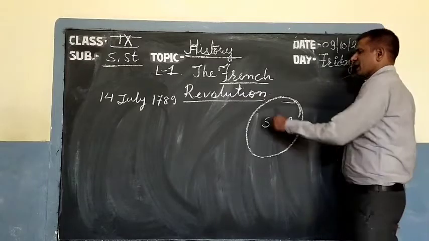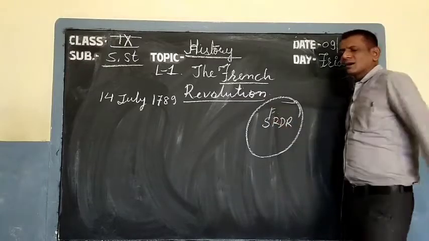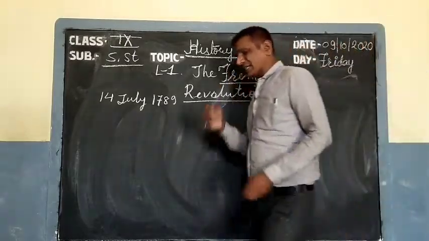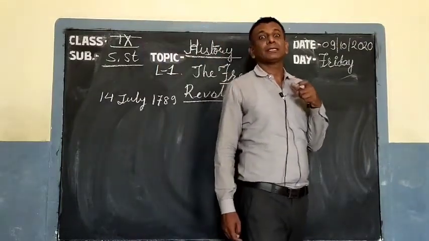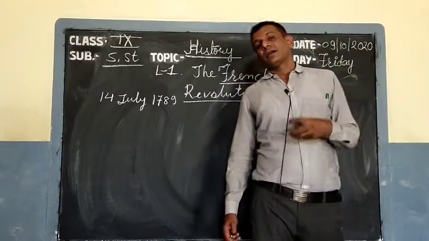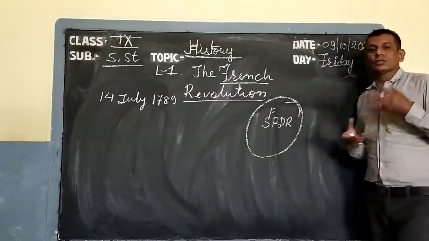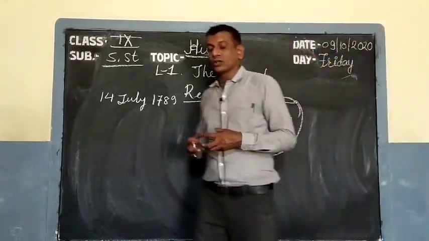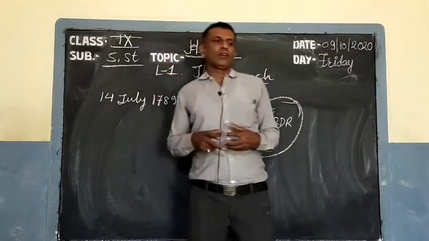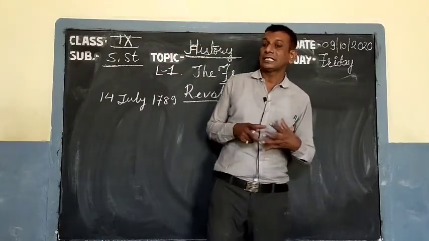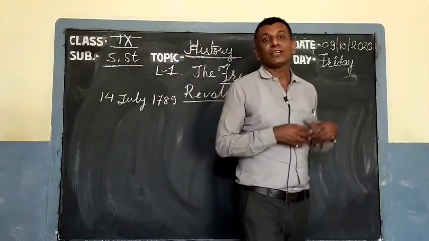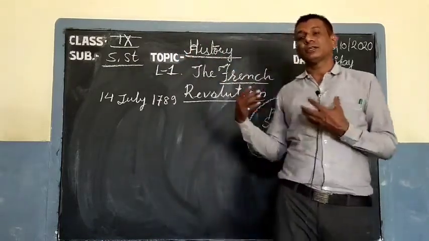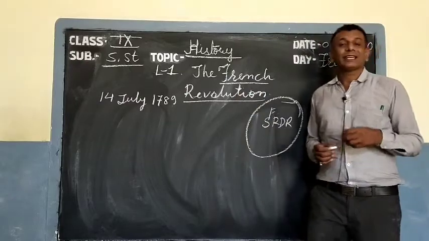Suppose in your country the government leader, or the main person of the government who controls all the activities, is not doing the work well, or is doing injustice to people, imposing unnecessary orders on people of the country.